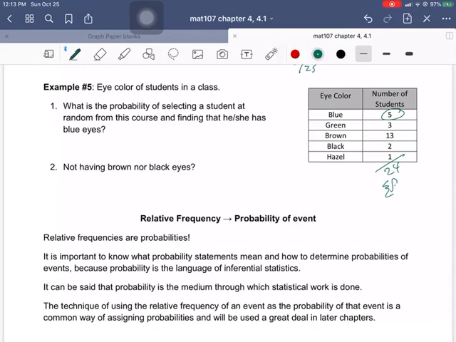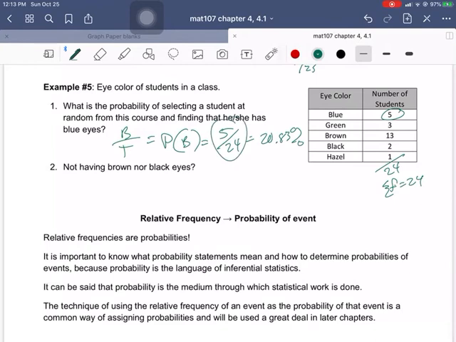The sum of the frequencies is 24. So that means this is blue over total, which is the same as probability of blue is 5 over 24, which is about 20.83%, however you need to put it.